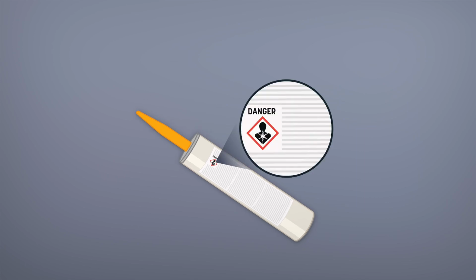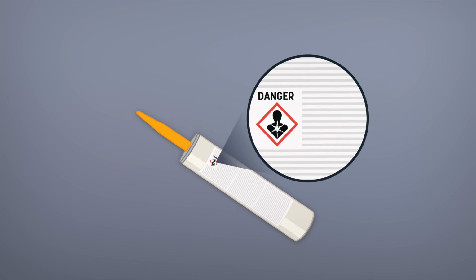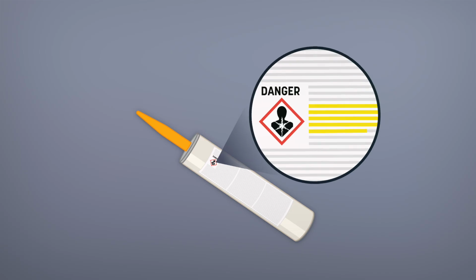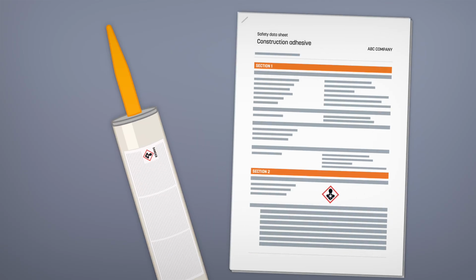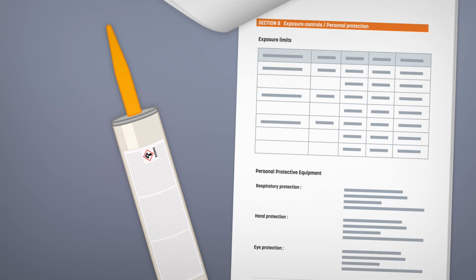It has a hazard pictogram on its label. The essential information for protection is found on its label. In the safety data sheet, also known as the SDS, the detailed information is found in Section 8, Exposure Controls, Personal Protection. In this section, you'll find the PPE that you need to use.